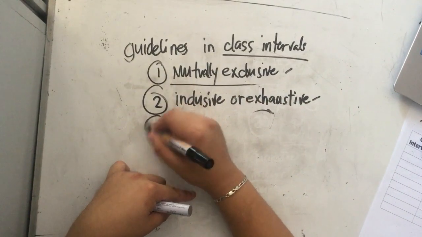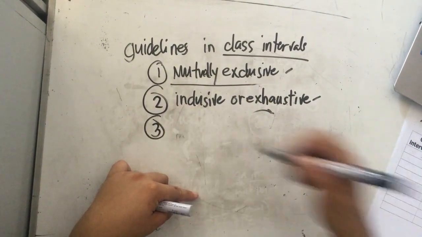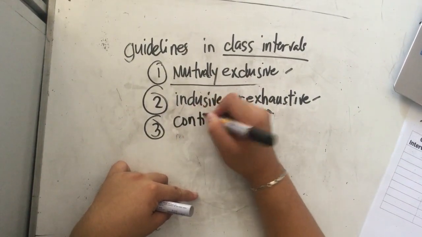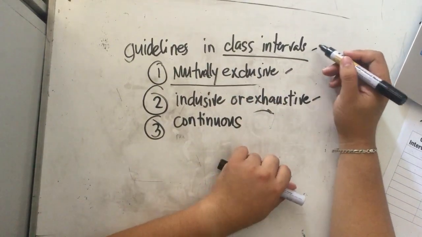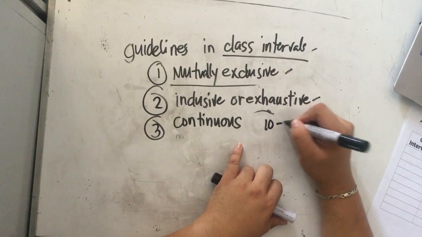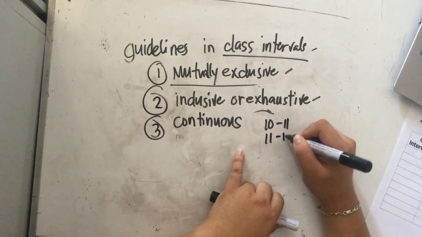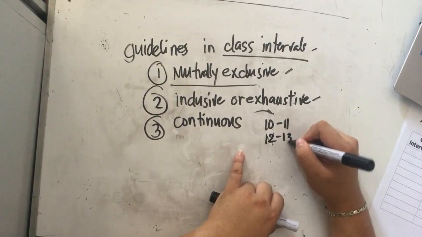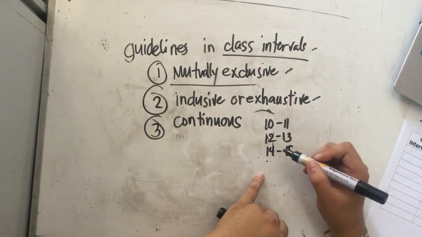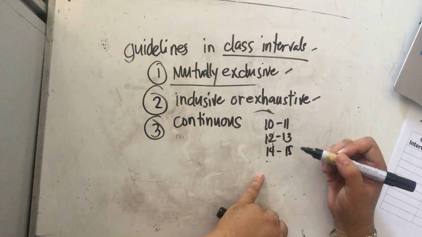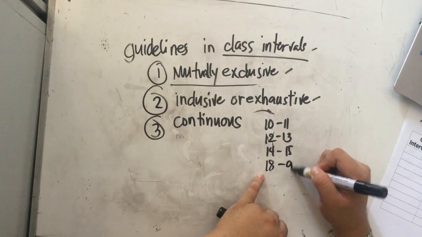Okay, next guideline, it should be continuous. Okay, so kailangan yung ating class interval tuloy-tuloy. So, for example, 10 to 11, 12 to 13, 14 to 15. So, hindi pwedeng lalagpas tayo ng 16 to 17 at sabihin natin 18 to 19.